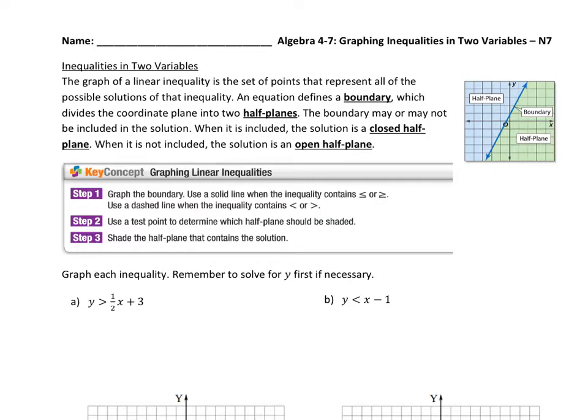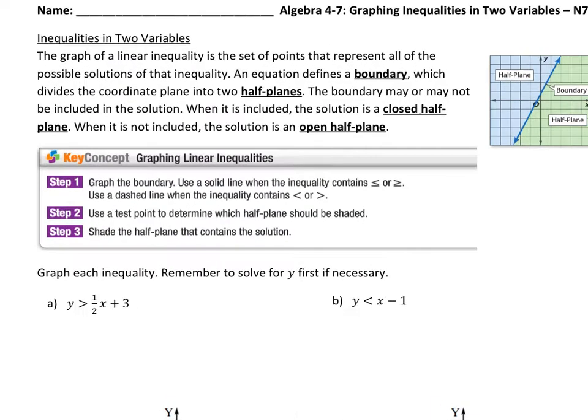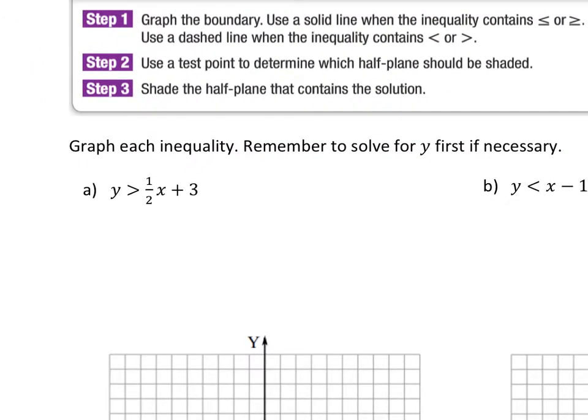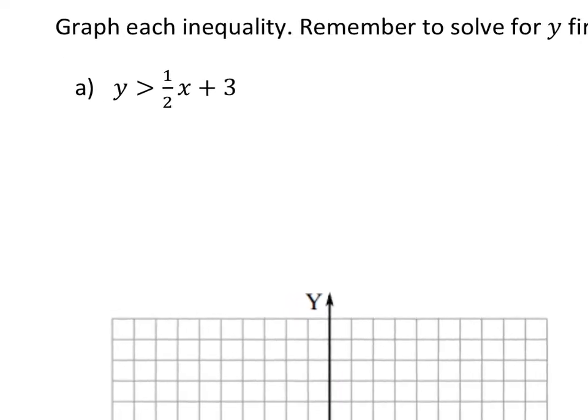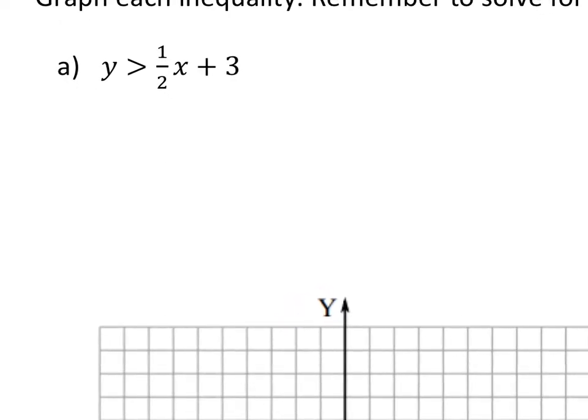So let's take a look at A. Graph each inequality. Remember to solve for y first if necessary. This one I don't have to solve for y, it's already there. We're going to treat this as if it were slope-intercept form.